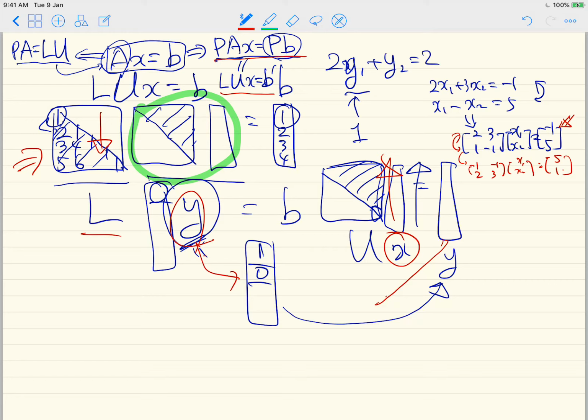Okay, so in this process, why did we need to apply this row pivoting, this row permutation, in the process of obtaining this LU? Again, the point is to maintain numerical stability.